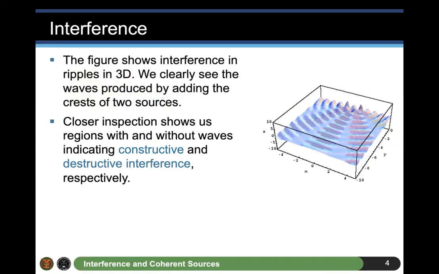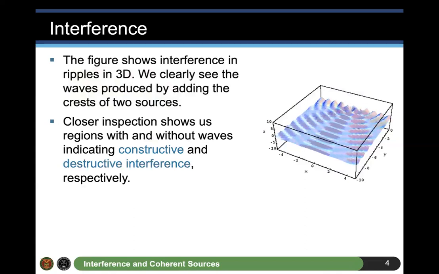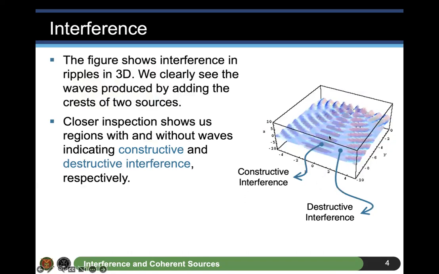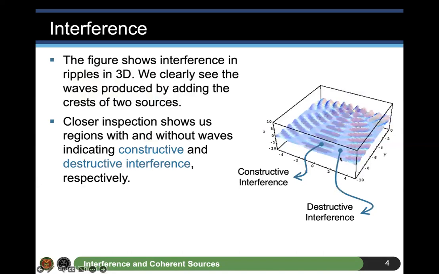Okay. So by closer inspection, we can show which regions produce constructive and destructive interference. So here, where crests and troughs are produced, where there is a ripple effect, there is constructive interference. And then on the other side, there is destructive interference. Okay?